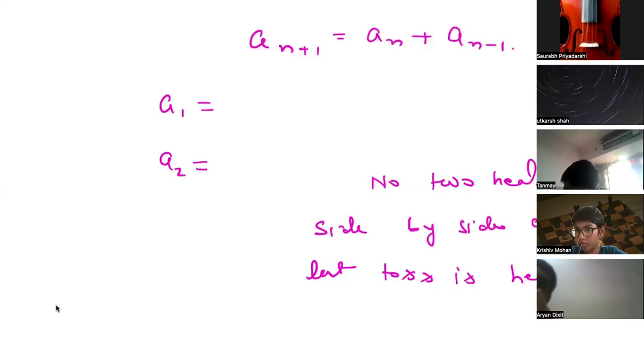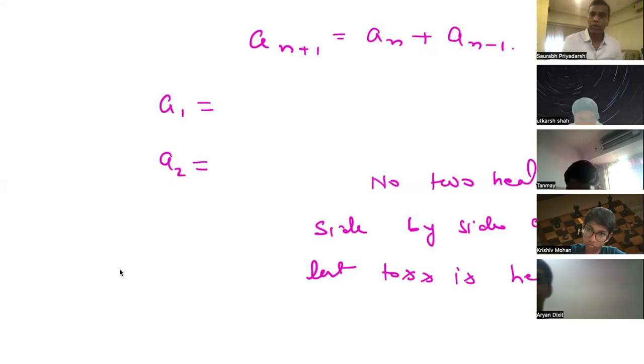No two heads are side by side, and the last term is head. So what is the value of A1 and A2, or H1 and H2?